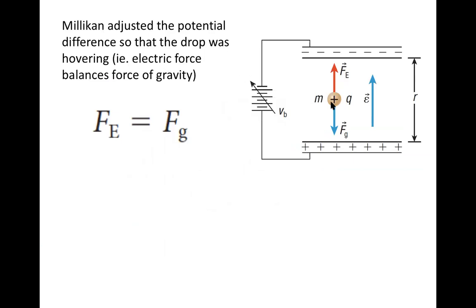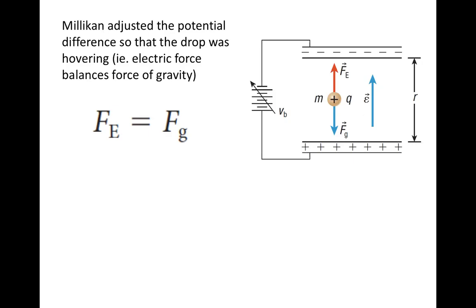Any object with mass will accelerate downwards due to the force of gravity if there was no other force acting on it. But Millikan applied a voltage so that there was an upwards electric force. If we can know this force and we can know epsilon, then we can calculate q. So we're going to do that directly.